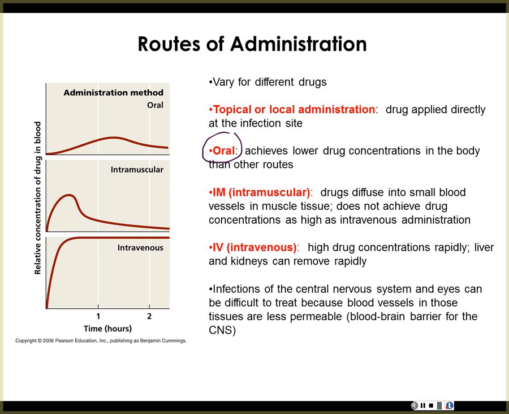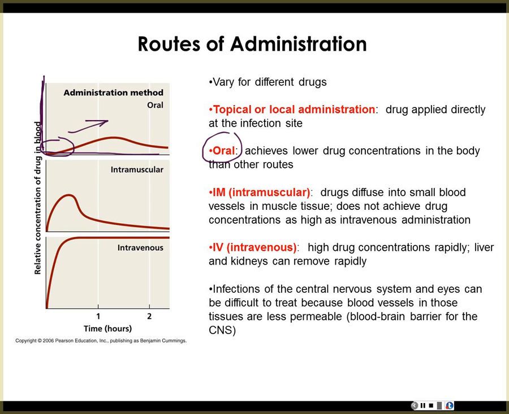Over here on these graphs, on the y-axis, that's the concentration of the drug in the body. This is over time. When you take a drug orally, you get a little lag, because you have to swallow the pill, your digestive system has to break the pill down, and you have to absorb the drug through the intestinal lining and into the bloodstream.